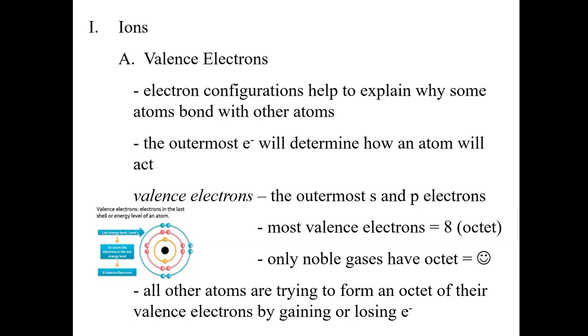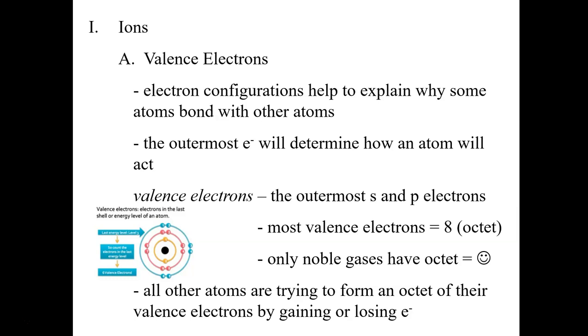All of the other atoms, every single element that is not a noble gas, have atoms trying to form an octet of their own. And to do that, they're either going to have to gain some electrons, or they're going to have to lose some electrons. And in fact, this describes most of chemistry, which is why this is really important.